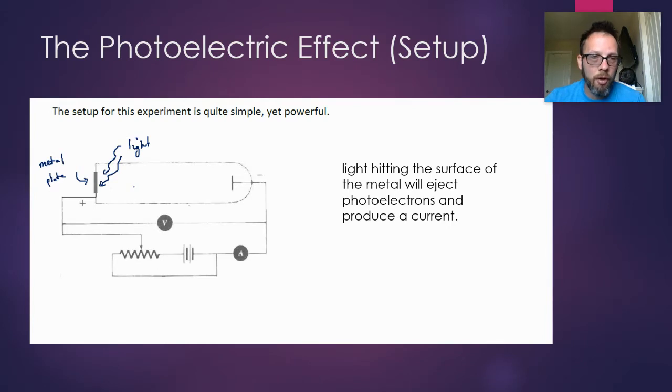The electrons, symbol e, will be released. If these electrons are created with the photoelectric effect, we call them photoelectrons.